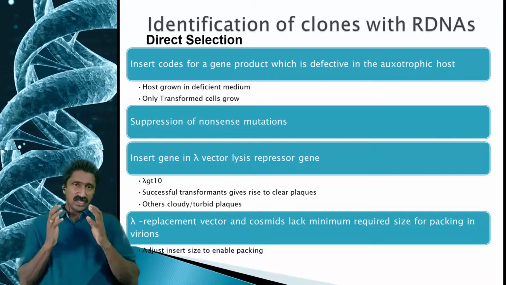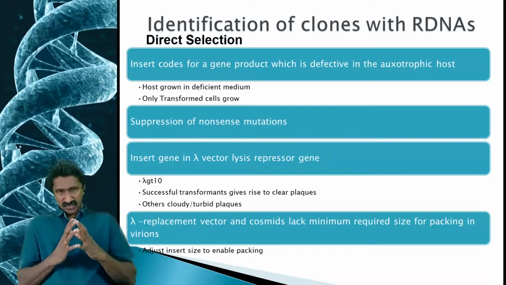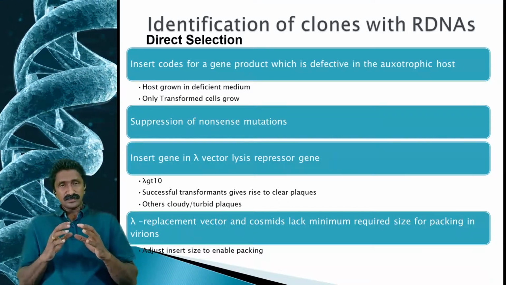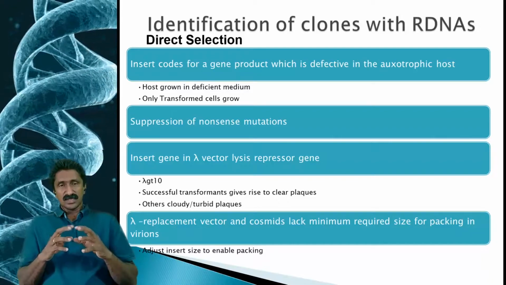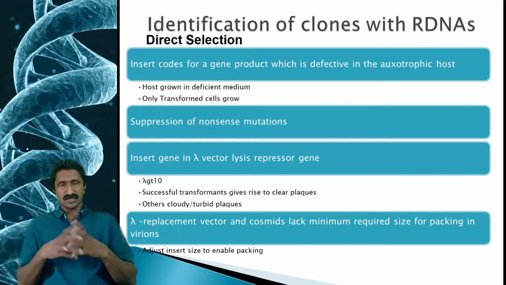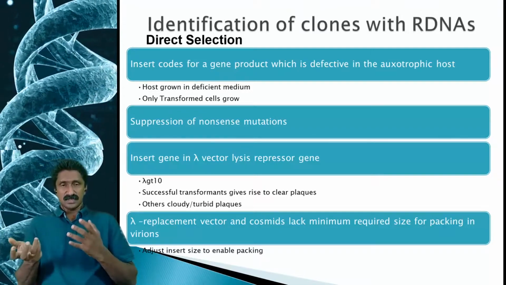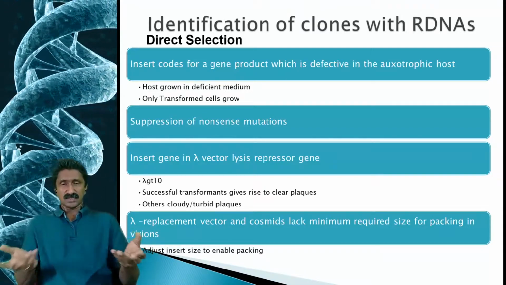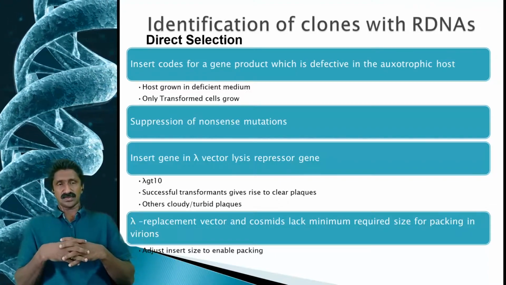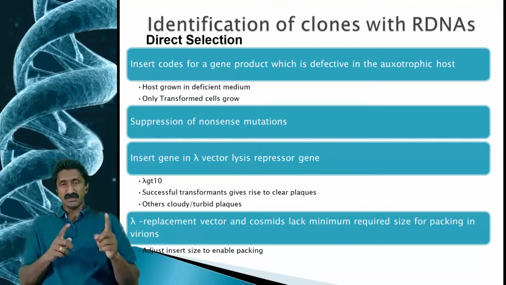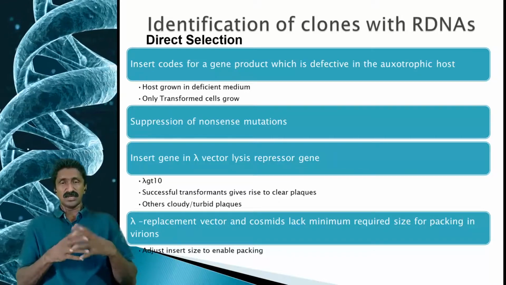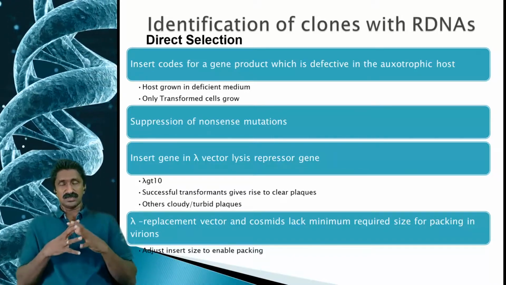Normally you know that auxotrophic cells or auxotrophic hosts are defective in the production of something, at least some amino acids, or some deficiency will be there in the auxotrophic host, which needs to be supplemented in the growth medium so that the cells will grow.